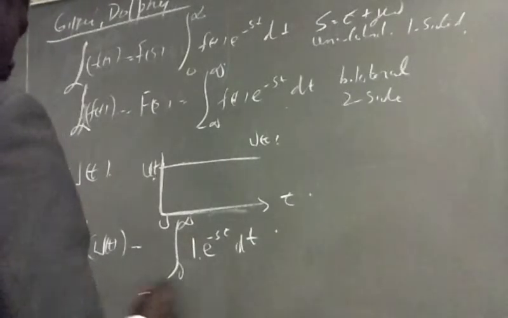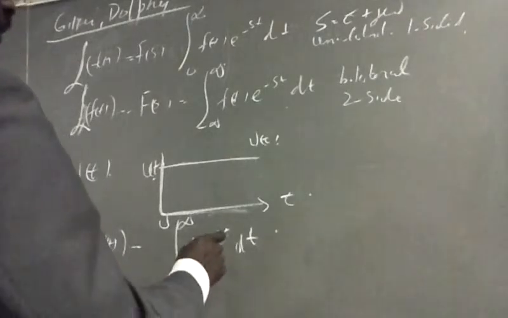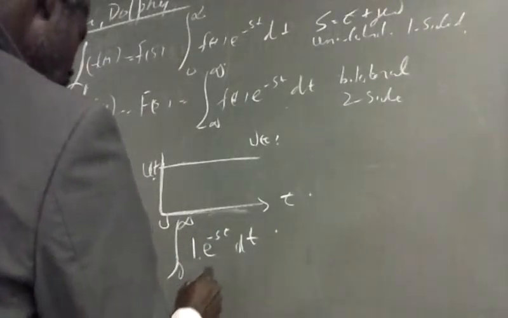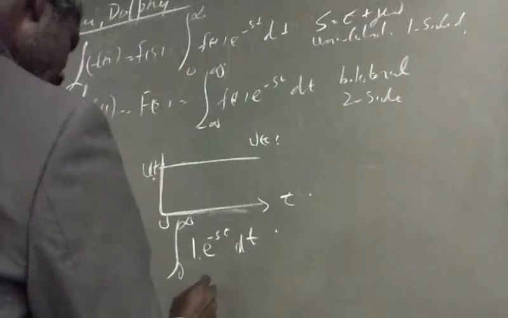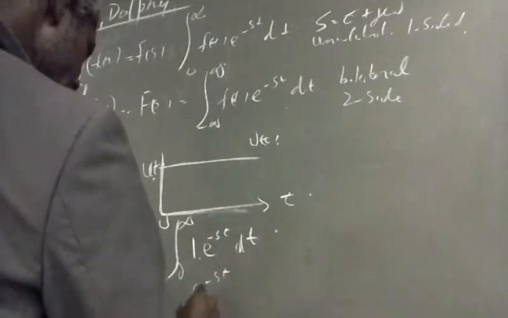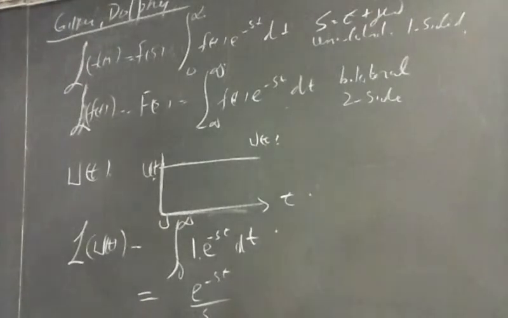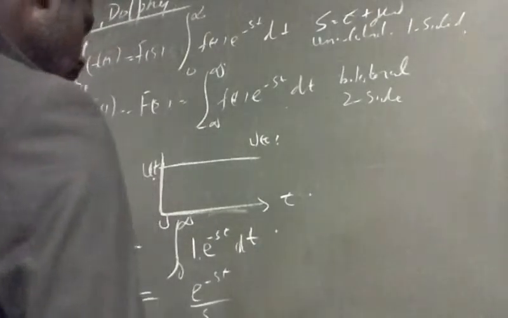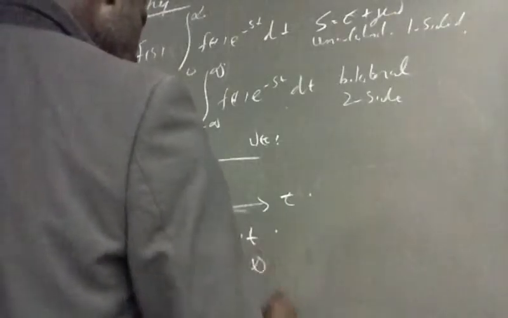If we work this out, we get the integral of an exponential function: you get the exponential function divided by the minus s. So that will be e to the minus st over minus s, from 0 to infinity. If we take it as t tends to infinity, e to the minus st will tend to 0, and 0 over s will be 0, so that will be 0 for the first part.